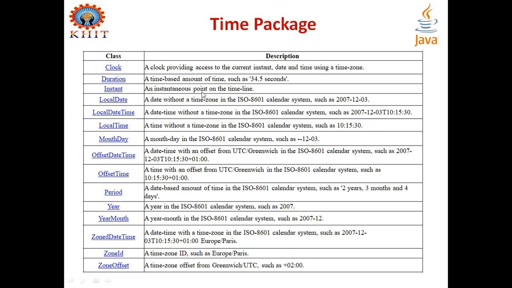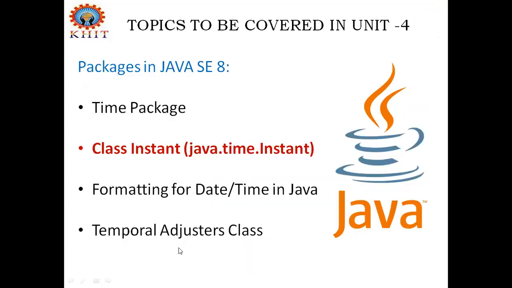Instant is a point on the timeline, and we'll see this class specifically as a concept in this video. LocalDate, based on the calendar system, displays the current date or date-related options, and there are also date and time, local time, month, day, year, and zone-related operations. All these are the main classes defined in this time package.